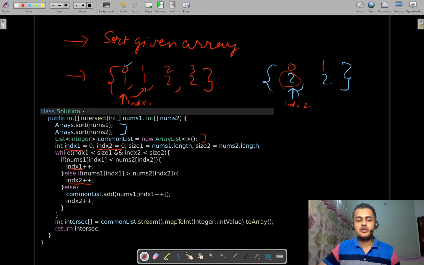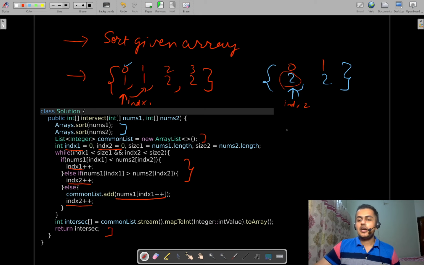Whichever pointer is pointing to the lesser number, that pointer is incremented by one place ahead towards the right. Then if there is a common element, it means that both pointers are pointing to equal elements. In that case you will store that element into the common list and increment both pointers to move one place ahead. So this is the whole algorithm, and at last you will return your common intersection.